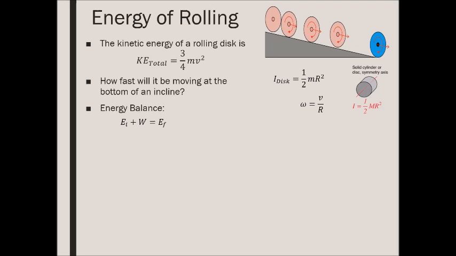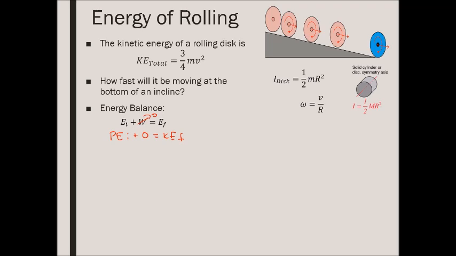This is the same energy balance that we've done several times before, where we're looking at the trade-off between potential energy and kinetic energy. At the top of the slope here, I started out with potential energy initial, and these problems don't typically have any work done on them, because we're not slipping against the surface and we're not being held by the surface. And that is equal to our kinetic energy final.